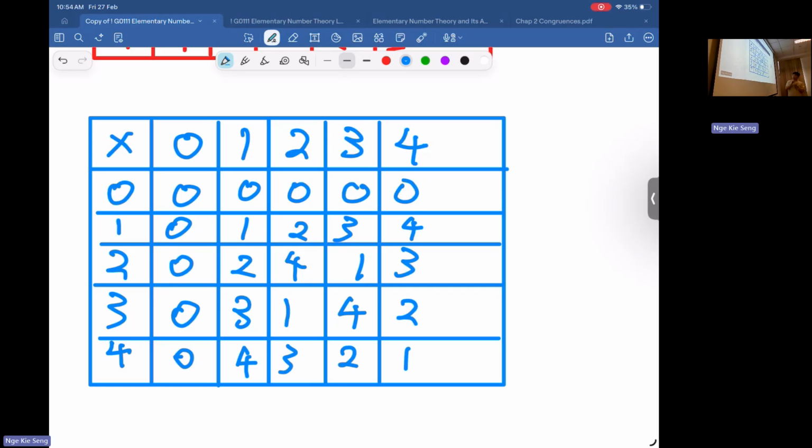But then, can you notice that if I throw away the number 0, I still have this non-repeating row and column? See? 1, 2, 3, 4, 2, 4, 1, 3, 3, 1, 4, 2, and 4, 3, 2, 1. If you just throw the 0 away, these 1, 2, 3, 4 actually also form a group under multiplication.